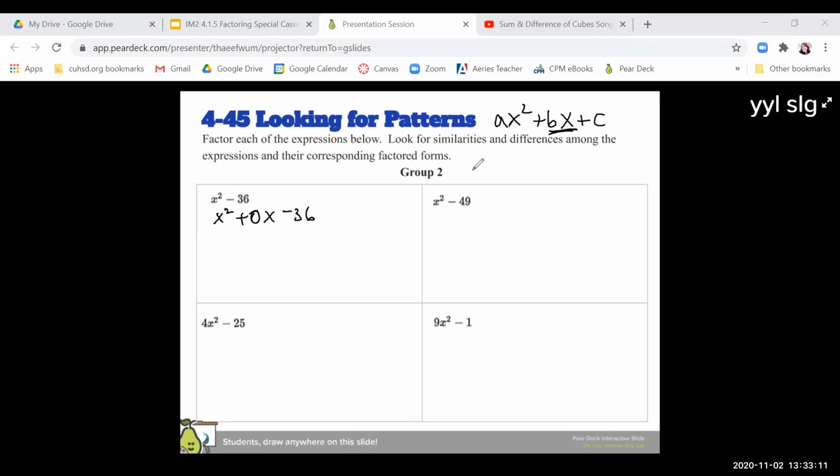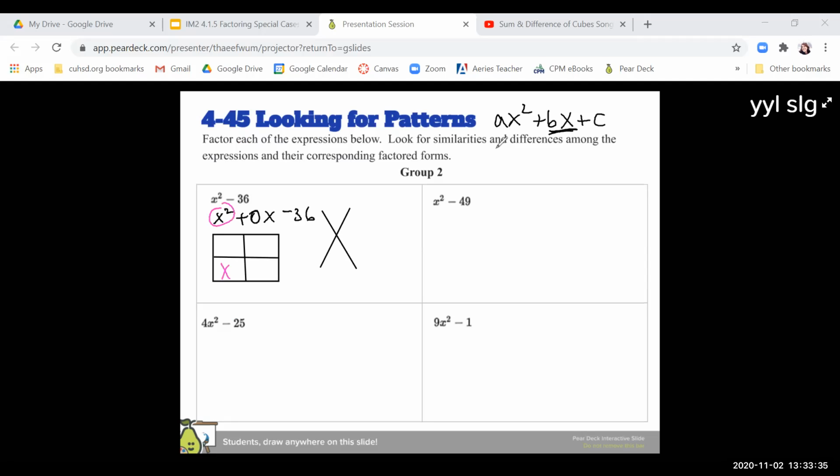That gives us a chance to use our factoring process that we've been working on. So set this thing up, and we just follow the same process that we've been doing.